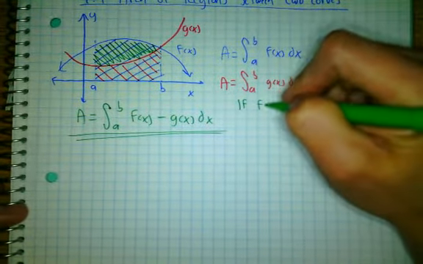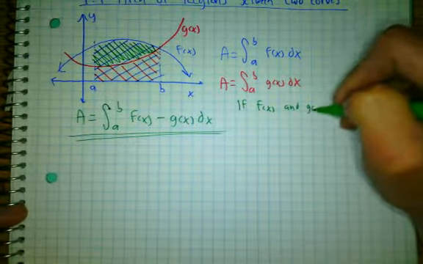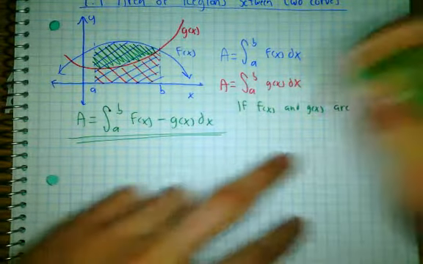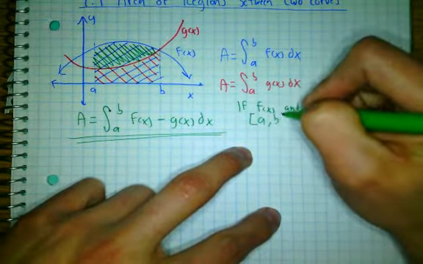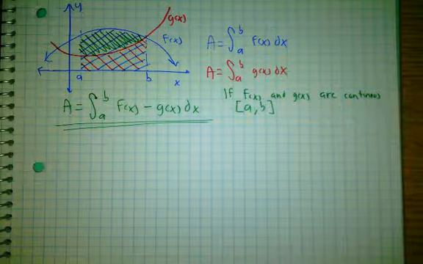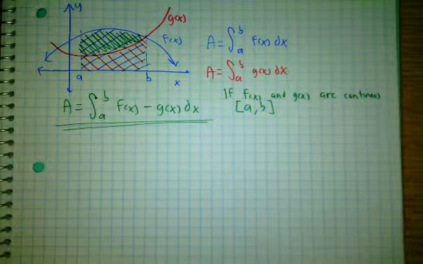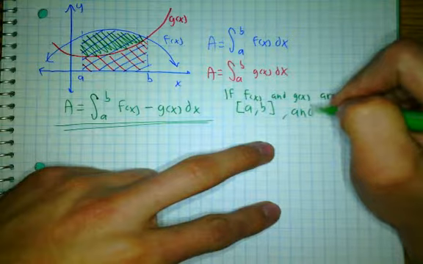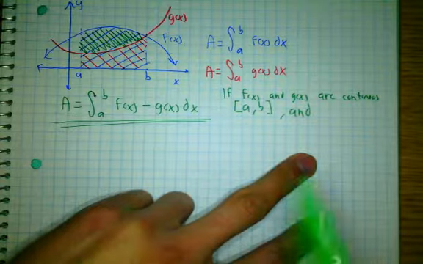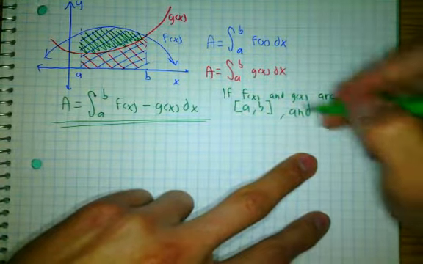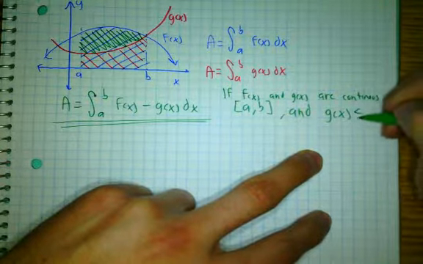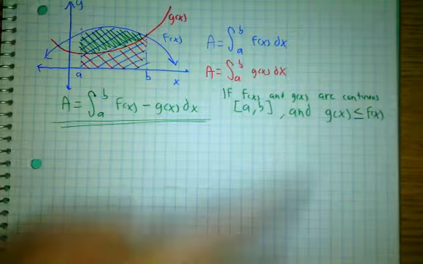If f of x and g of x are continuous, for sure, continuous from A to B, and one more thing, specifically for this example, g of x has to be less than or equal to f of x.